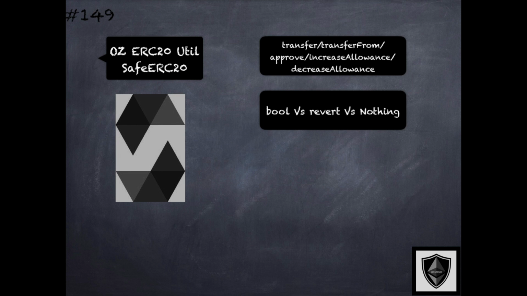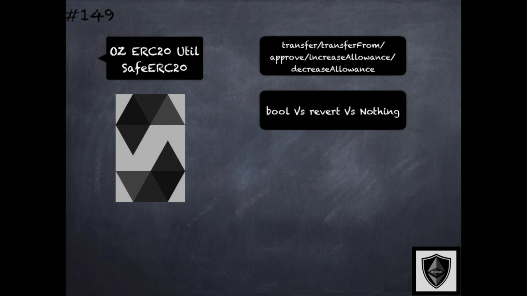They may revert for these tokens on these functions under certain conditions, or they may return no value. And these differing return values or exception handling in the case of ERC20 tokens have resulted in security vulnerabilities.